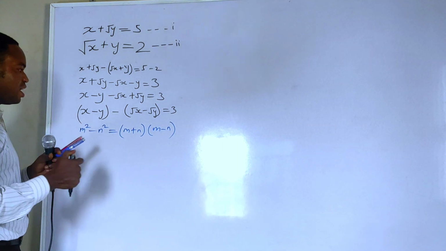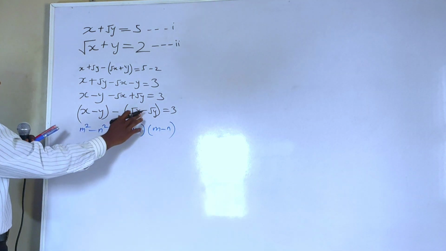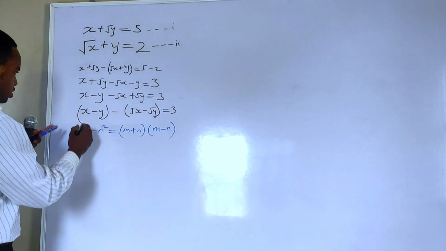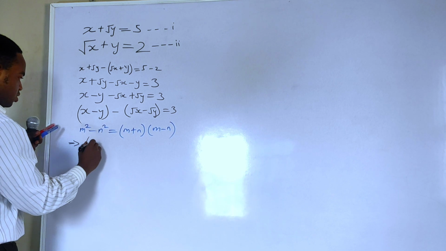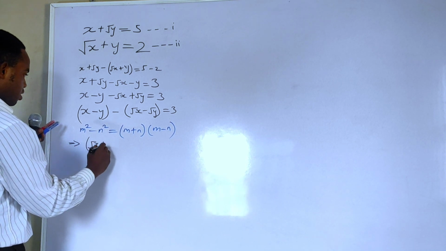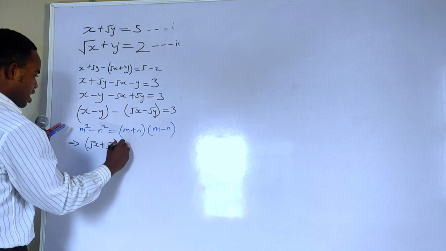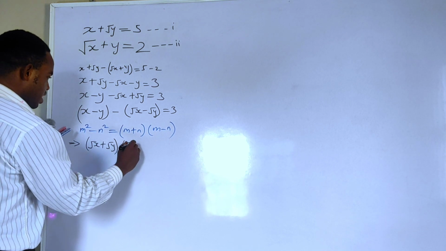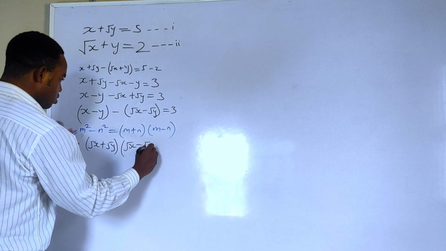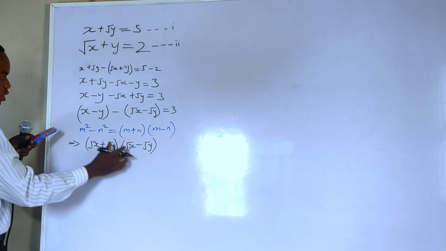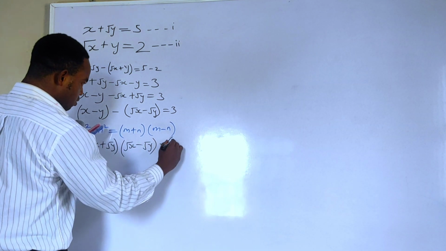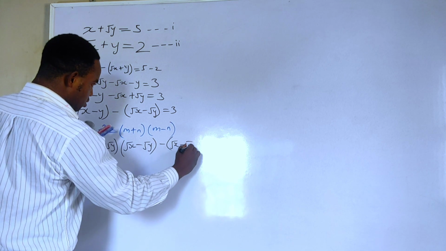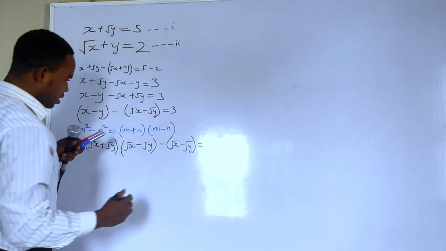Since we have square roots, this will be the same as the square root of x plus the square root of y, multiplied by the square root of x minus the square root of y. When you open this bracket, you get this, and minus the square root of x minus square root of y is equal to 3.